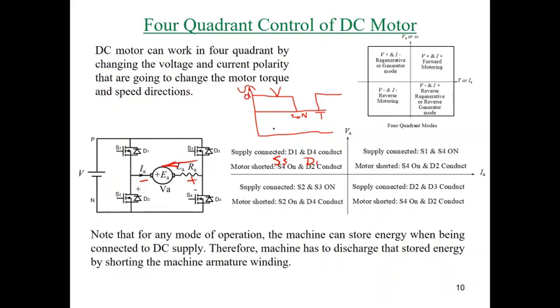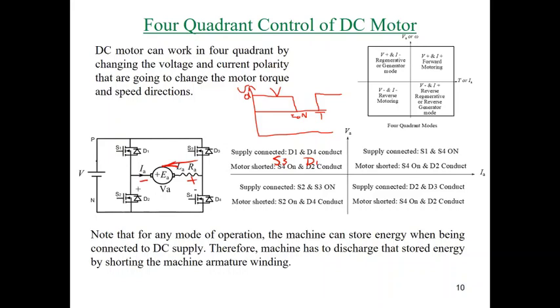Is it clear? If we keep switches S2 and S3 on for all of the time, you will not have this off time. You will have complete voltage, which means the average voltage applied to the machine is V, the same as the input supply voltage. Is it clear? Right.